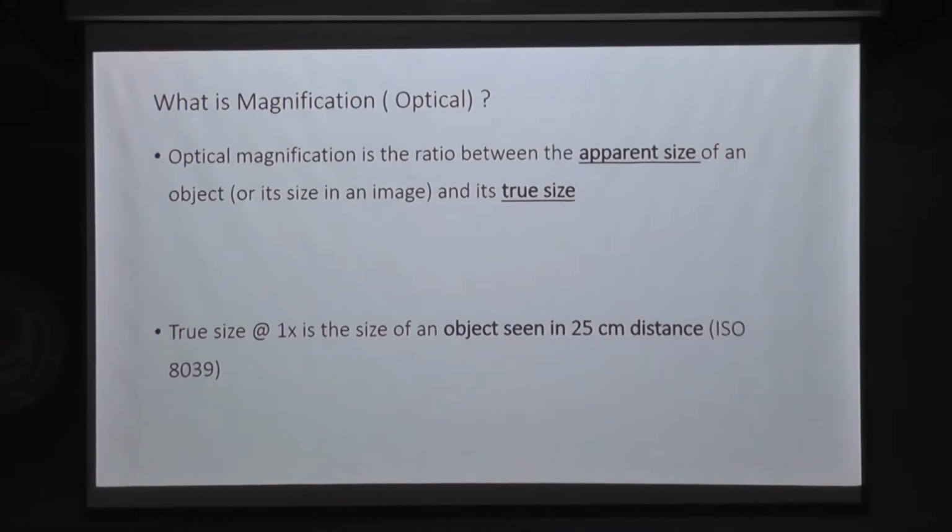If I hold an object very close to my eye, it may seem very big to me, and if I keep it too far, it may look very small. But what is the ideal thing? It has to be 25 centimeters from my eyes, and that is where I need to count whether it is relatively smaller or bigger.